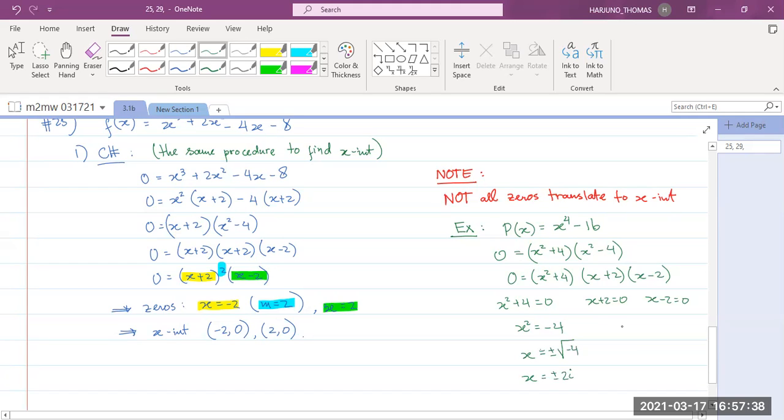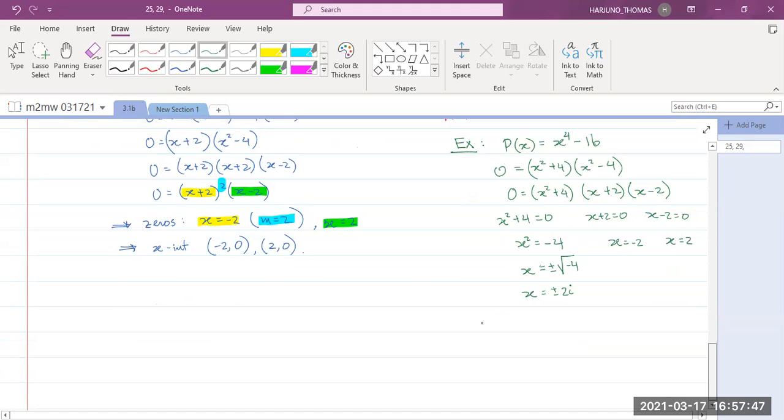Okay, x equals -2, x equals 2. So what are the zeros? The zeros are x equals 2i, x equals -2i, x equals -2, and x equals 2.